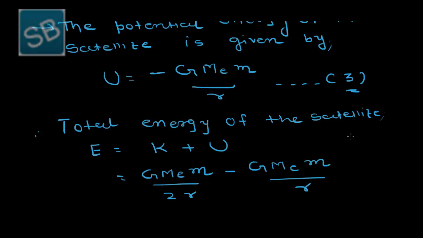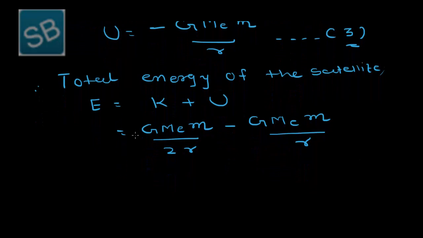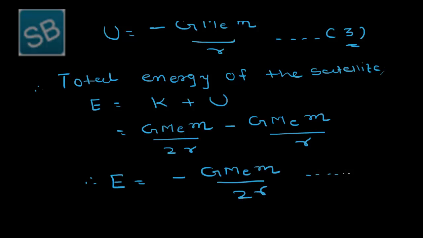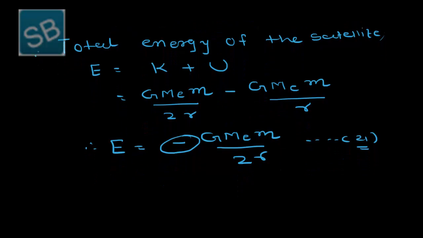So it is G Me m over 2r minus G Me m over r. So the total energy of the satellite is minus G Me m over 2r, which is the final equation, and hence here the total energy is negative, which indicates that the satellite is in the bound state.